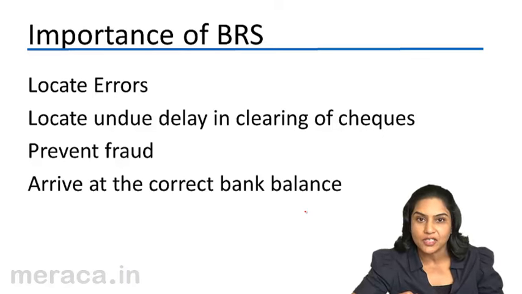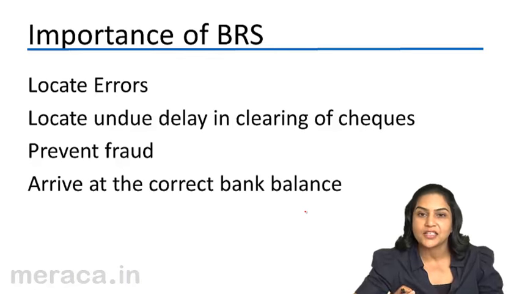In panic, he calls his cashier, tells him he does not understand what has happened. The cashier sends for the accountant and they sit together and draw up a bank reconciliation statement indicating why there is a difference in the balances of both books.